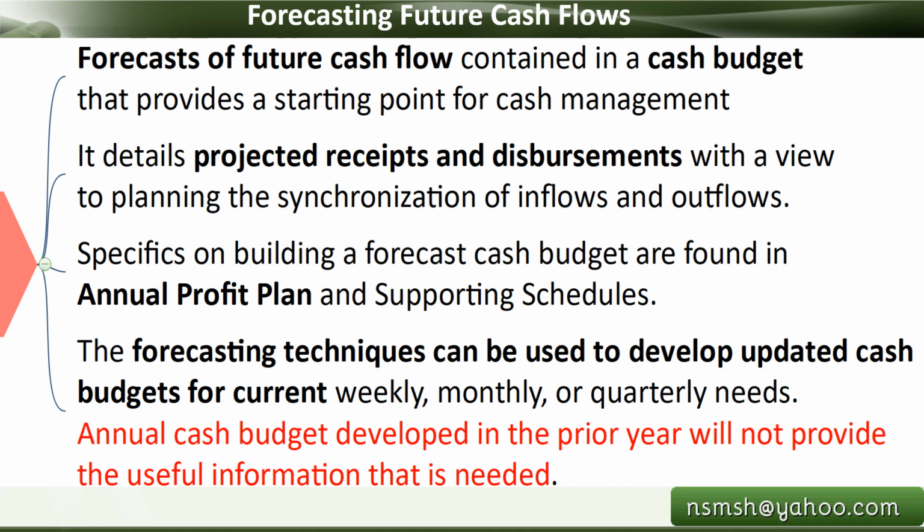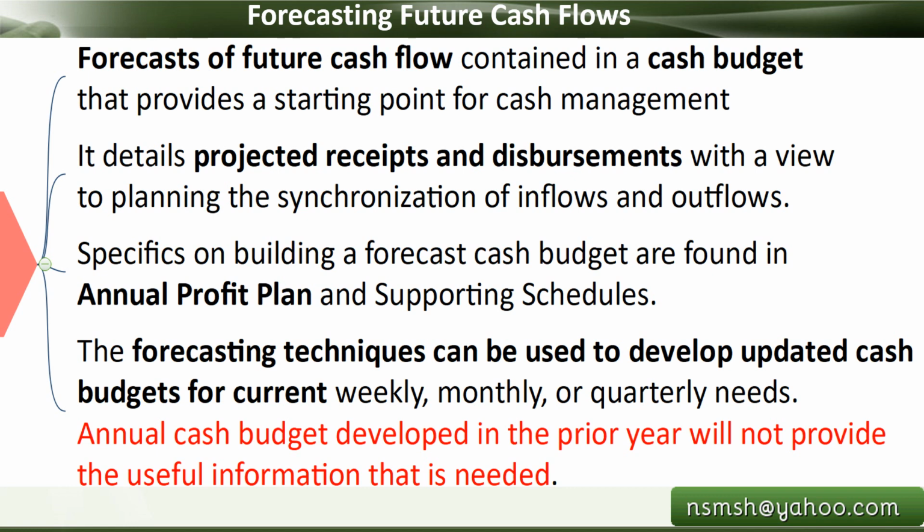Forecasting future cash flows. A forecast of future cash flow is contained in a cash budget. So we prepare a cash budget with the forecasted figures: what will be the future cash, what is the current, what was the past trend, and the future cash flow. That provides a starting point for cash management. From this forecast we prepare the cash management budget also.